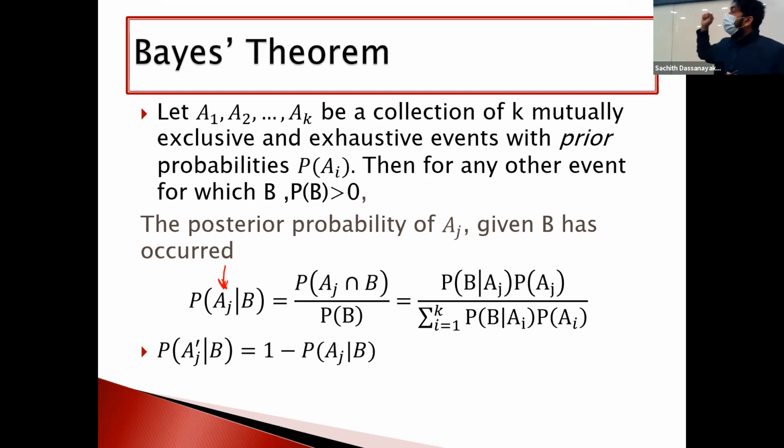If I need to find the probability of AJ given event B, where event B is a separate event within that sample space, you can simply apply first the probability of B given whatever they ask, this one.